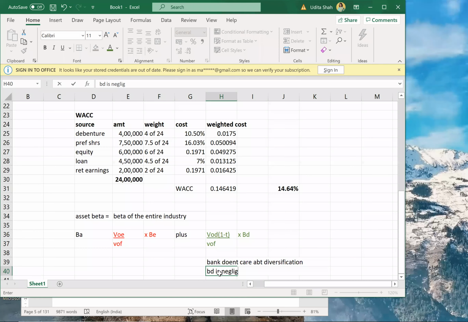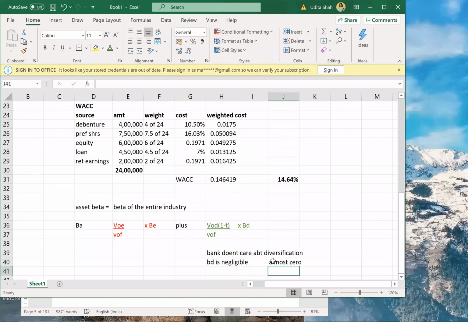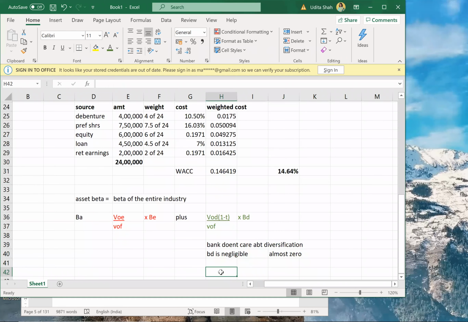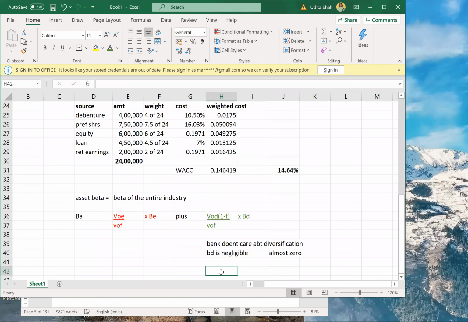Negligible means it becomes almost zero. So anything into zero will be zero, and this entire side can be totally ignored.